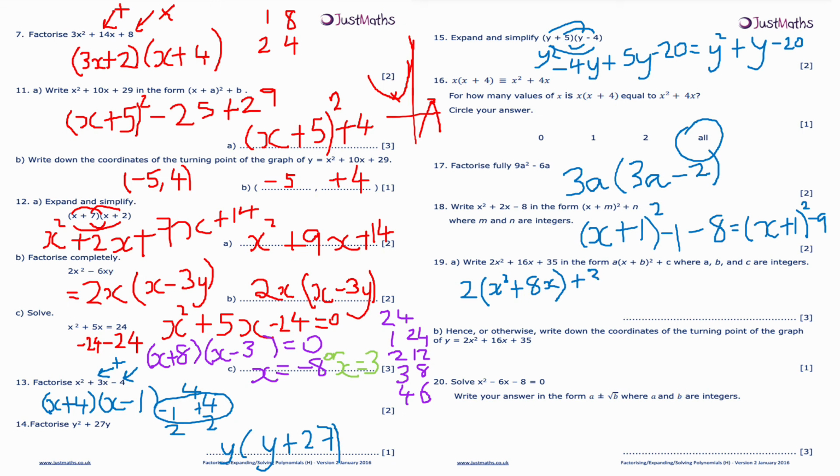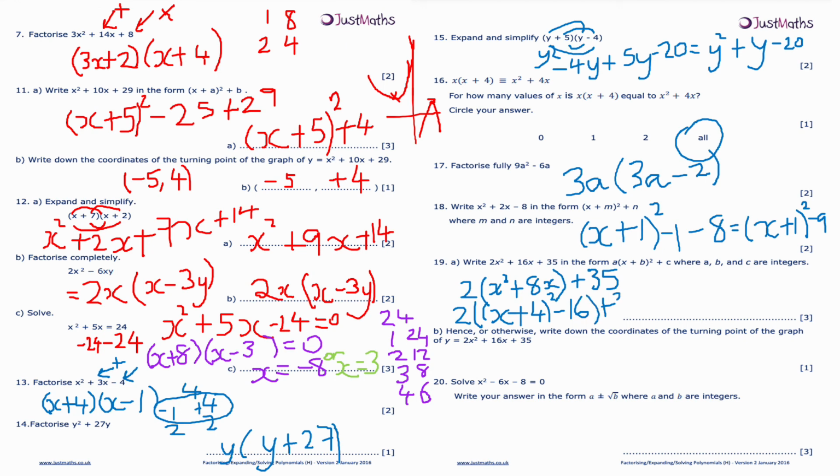I'm now going to complete the square on the bit inside the bracket. So x plus half of 8x, which is 4, all squared minus 4 squared, which is 16. Close that bracket, and then add the 35.